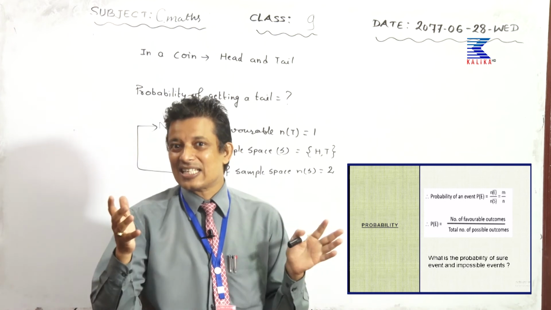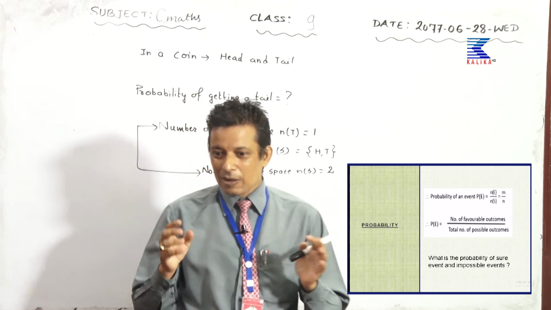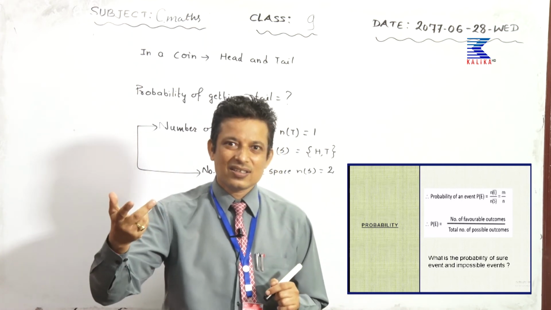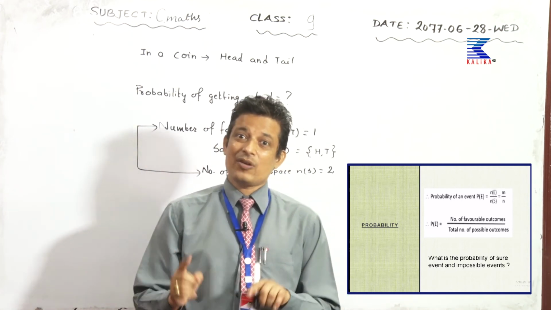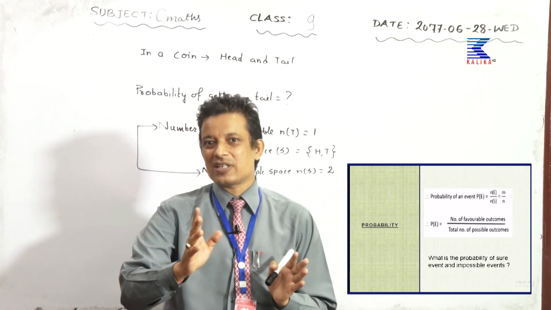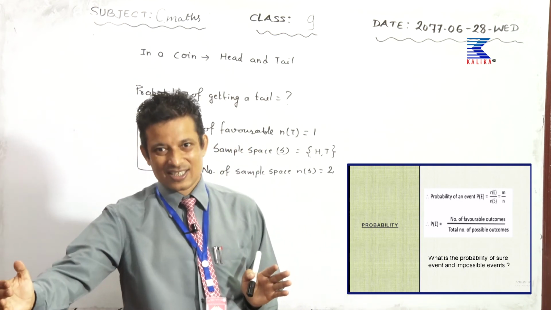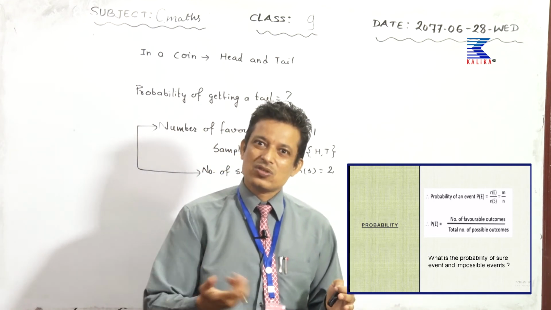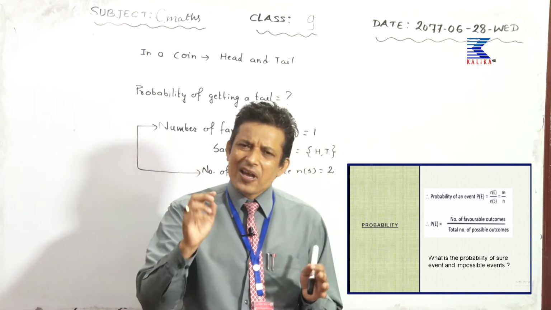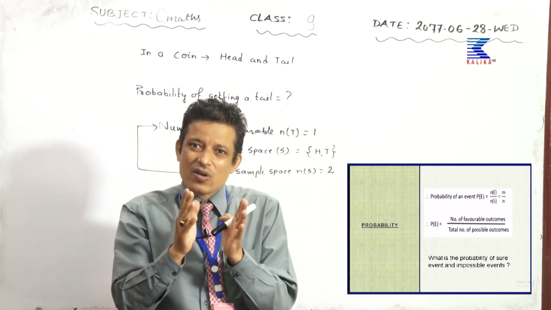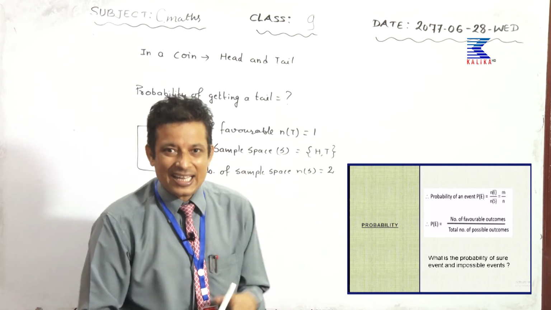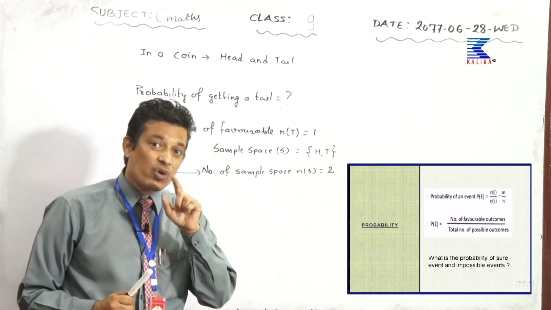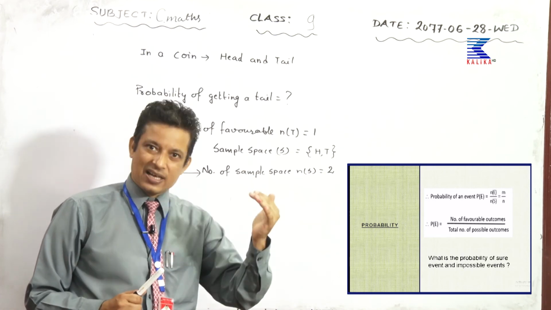You have selected your favorite team, that team plays, and what is the chance that that team will win? 50%, because 50% your team wins, 50% your opponent wins. So, we talk about chance every time. In fact, mathematically that chance is known as probability, and here we are going to calculate the chance of getting a tail when a coin is tossed mathematically.